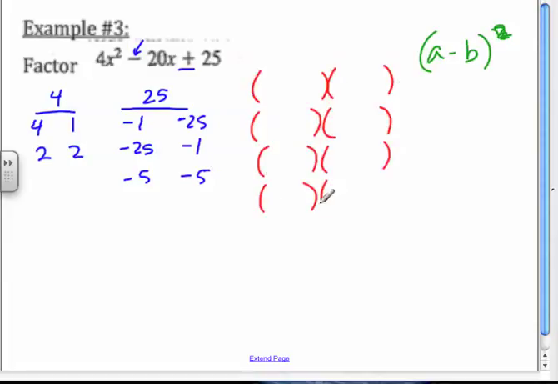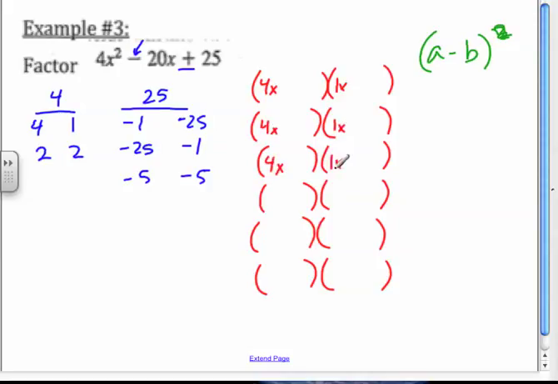Now Patrick is probably already factoring things in his head, and he's thinking, okay, I can kind of figure this out. Or maybe not. We may need to try all of them. But I know I'm going to get 4x and 1x, 4x and 1x, 4x and 1x.